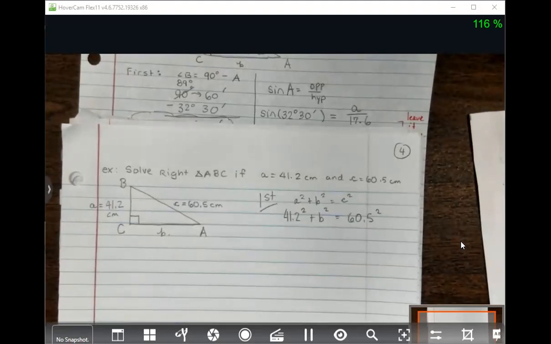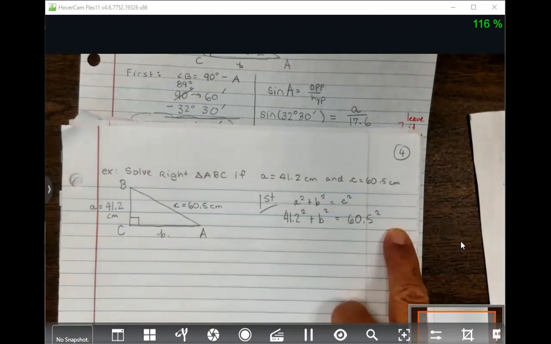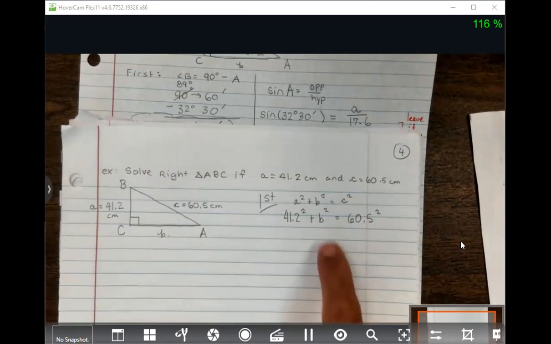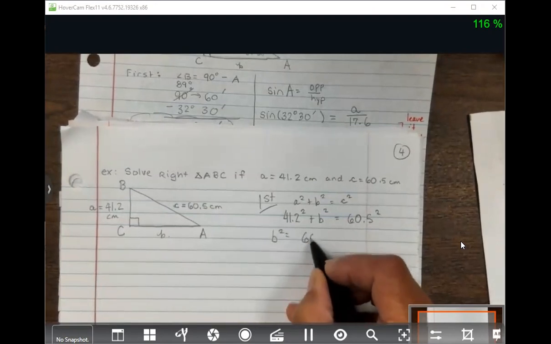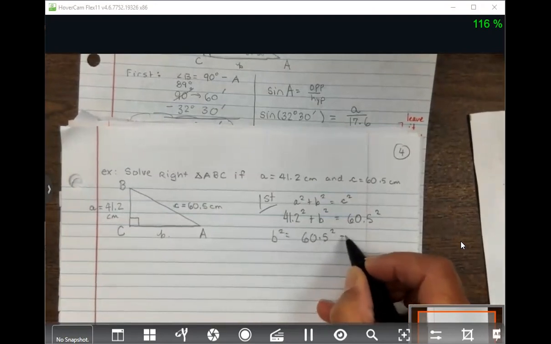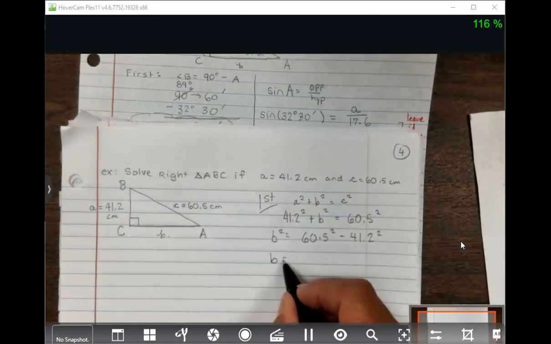Here's how you would do it on the test since you won't have a calculator. Just solve this for b. The first thing you do after you square this number is take it away from that one, right? And then the last thing you do is take the square root. So here's how you could leave it on your test.